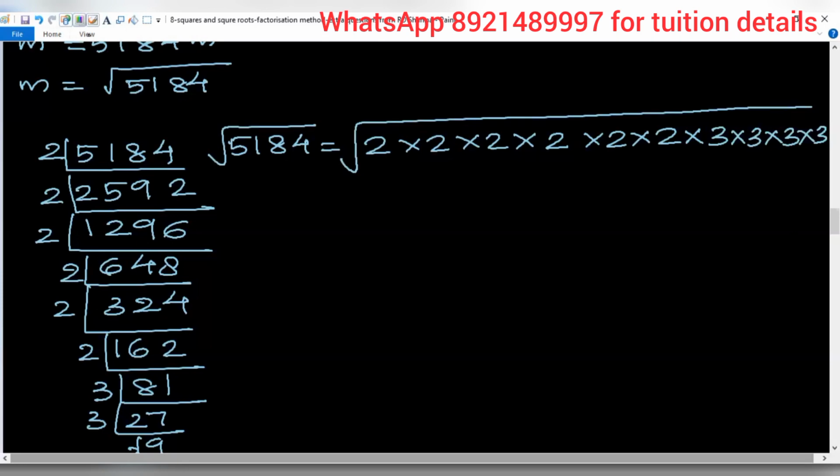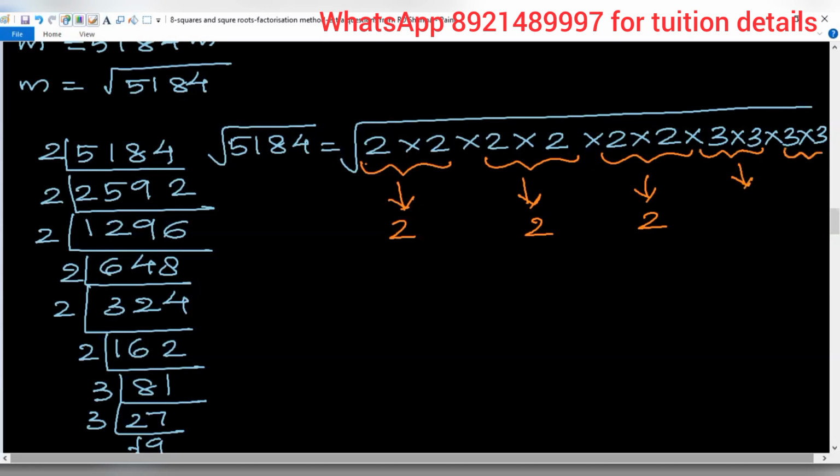We have to take one number out of each pair. Here we have a pair of 2, and here also we have a pair of 2. How many pairs are there for 2? 3 pairs. So we can take three 2's outside. For 3, we have 2 pairs, right?